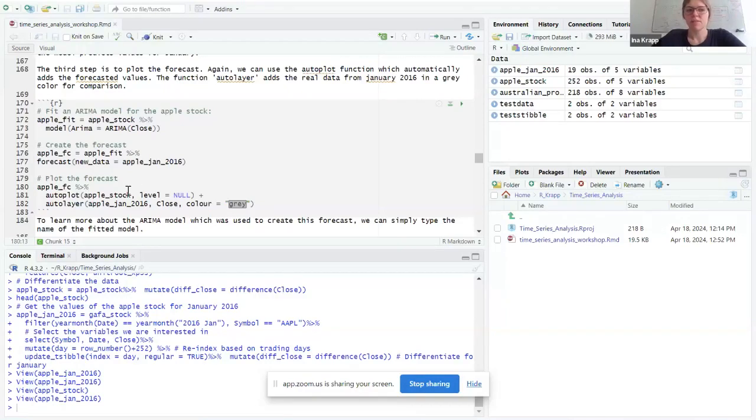So here I use the autoplot function again to plot the forecast. This is the forecast object. And additionally, I add, this is the auto layer, in a gray color, the closing stock market prices from January 2016. So we have them in the same graph.